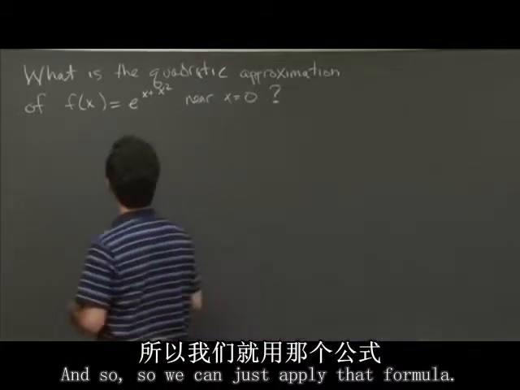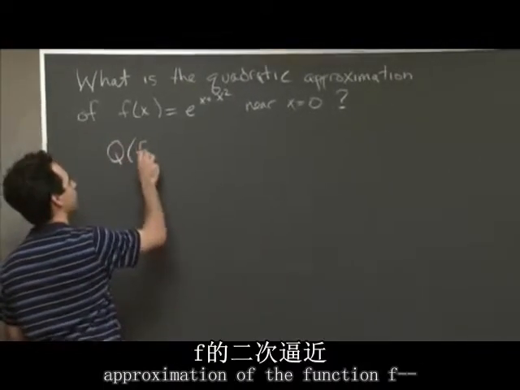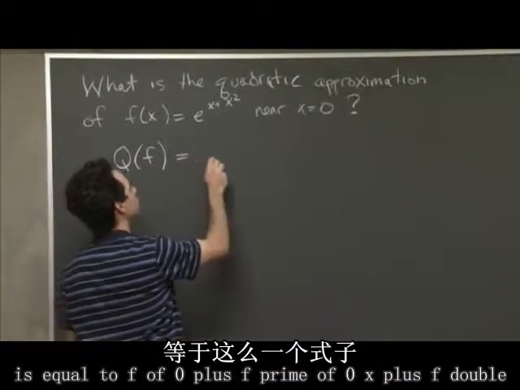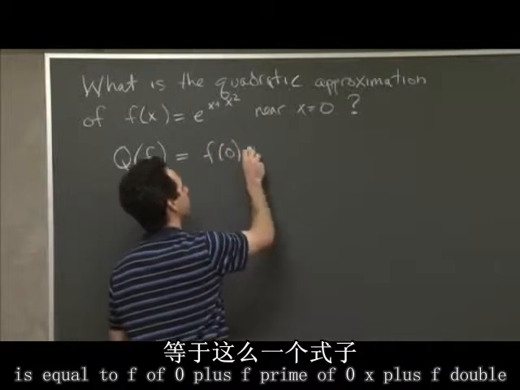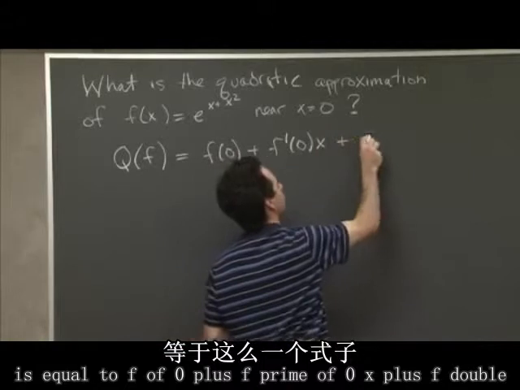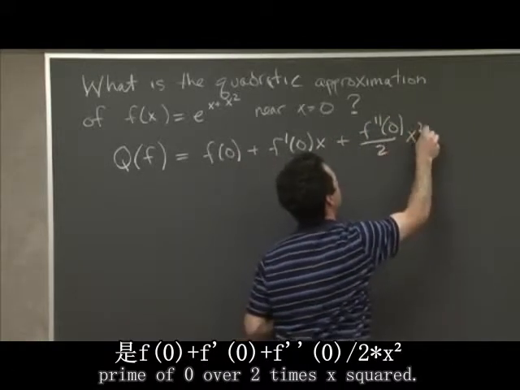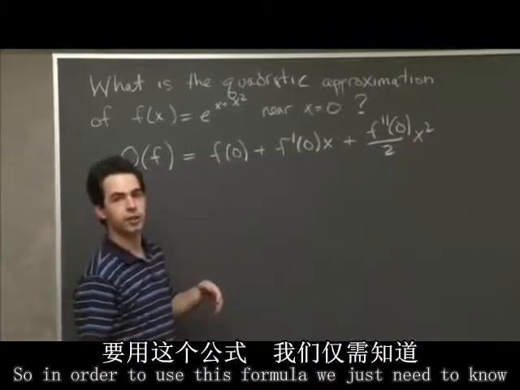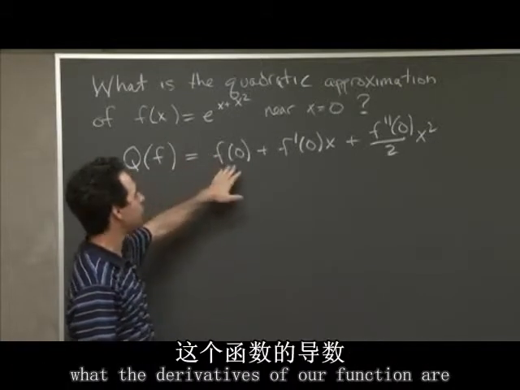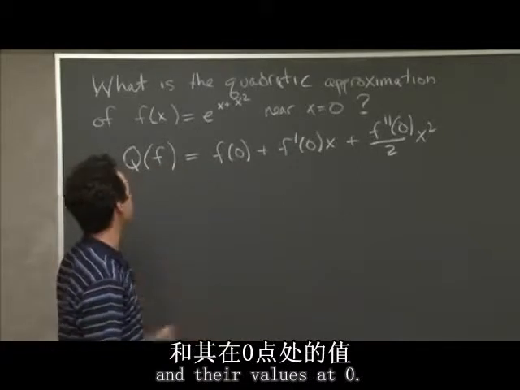The quadratic approximation of the function, here near the point 0, is equal to f of 0 plus f prime of 0 times x plus f double prime at 0 over 2 times x squared. In order to use this formula, we just need to know what the derivatives of our function are and their values at 0.